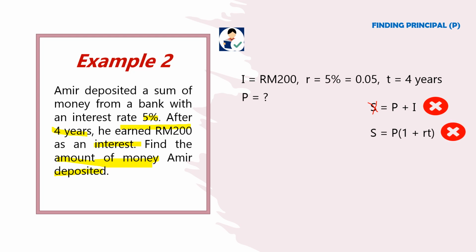Therefore, we use the formula I is equal to PRT, which is substitute I is equal to 200 equals to P times 0.05 times 4. So P is equal to 1000 ringgit.